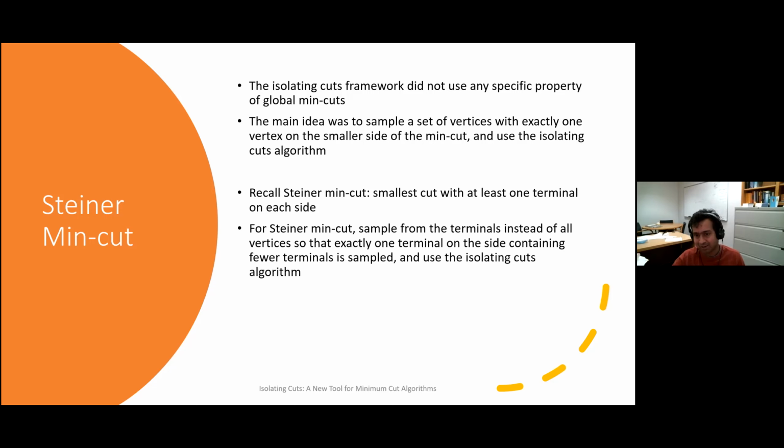And once I have that property, if I use isolating cuts, it will reveal my Steiner min cut, right? Because again, I have exactly one terminal on the smaller side, and multiple terminals on the larger side. Isolating cuts figures out the smallest way of separating the one vertex from the rest of the vertices in the sample set. So pretty much immediately, it gives you an algorithm for Steiner min cuts.